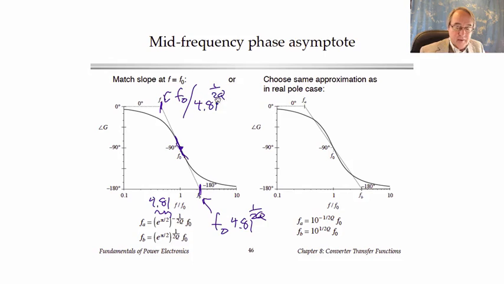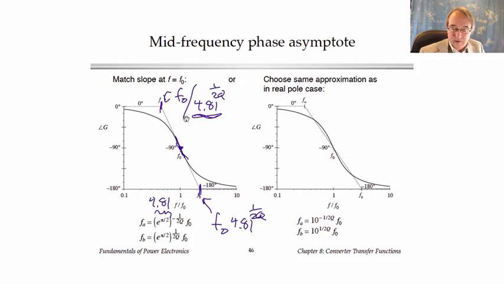So we have the same choices as in the real pole case. We can use 4.81, or we could round it up to 5, or we could round it up to 10. And what I would say here is that to keep our asymptotes consistent in the real and complex pole case, and in fact to get the same answer at Q of a half, which is the boundary between real and complex poles, we should use the same factor here.